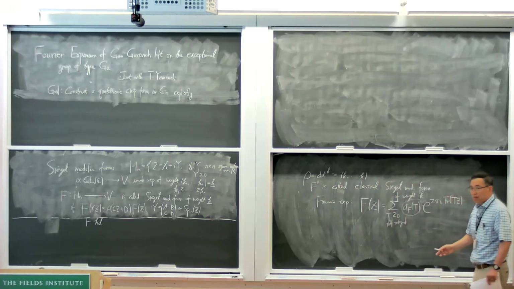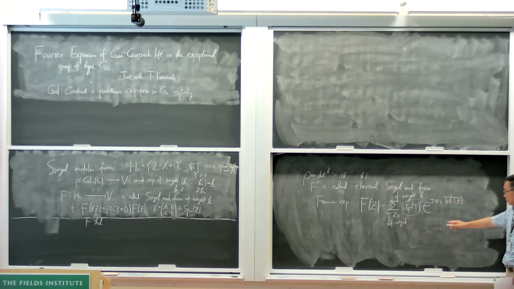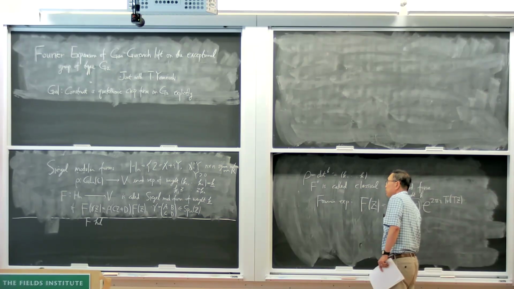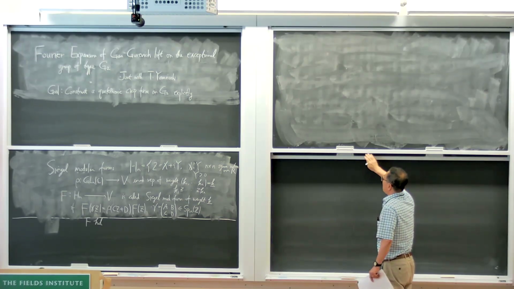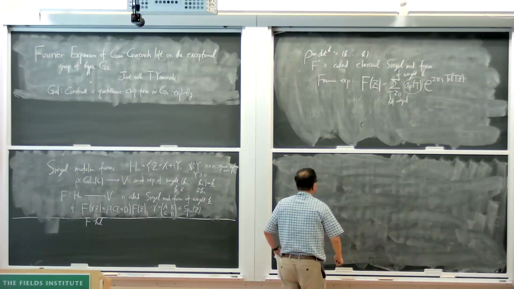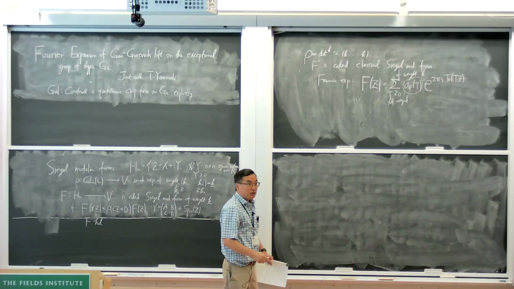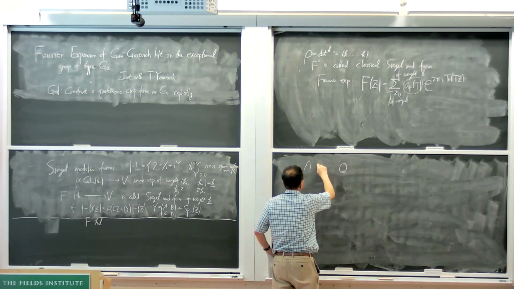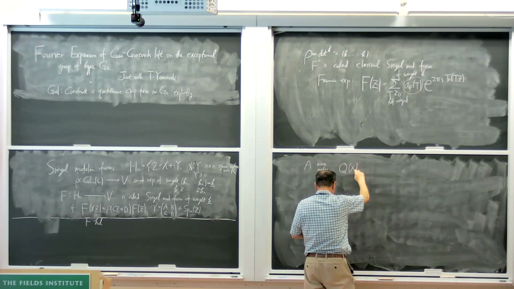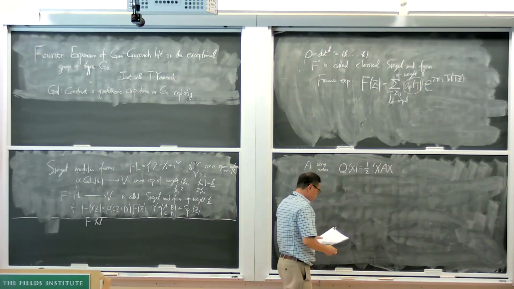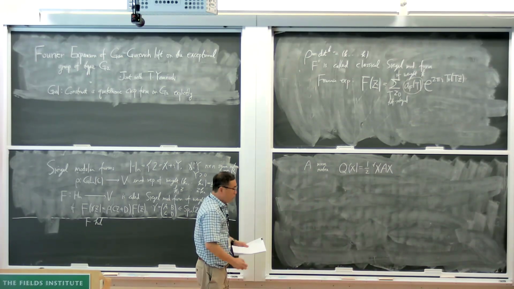This has many arithmetic properties, much arithmetic information. So for example, one example is a theta series. Let Q be an m by m matrix, an integral positive definite quadratic form.